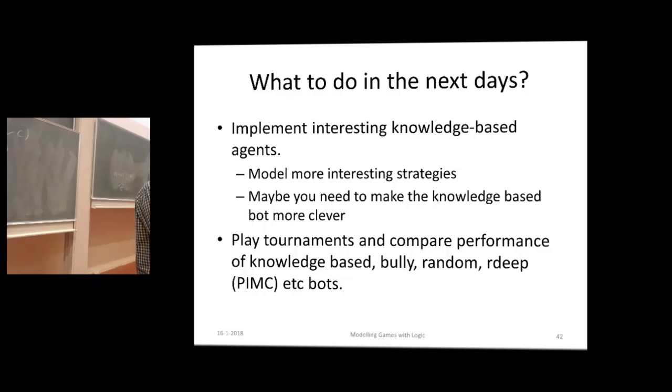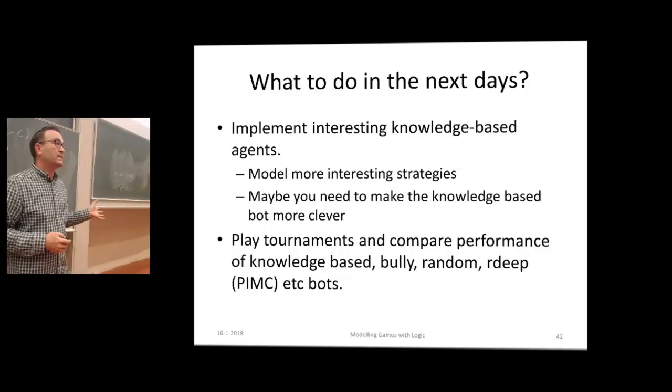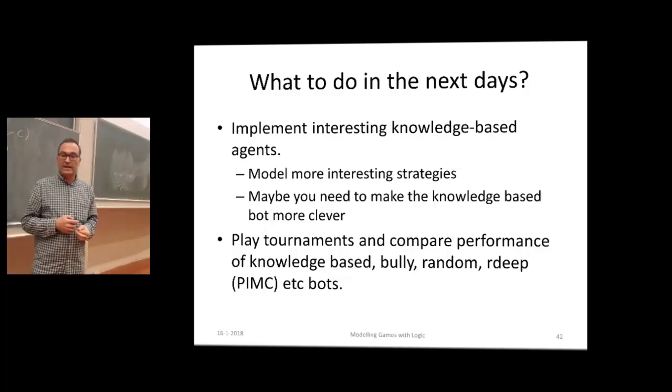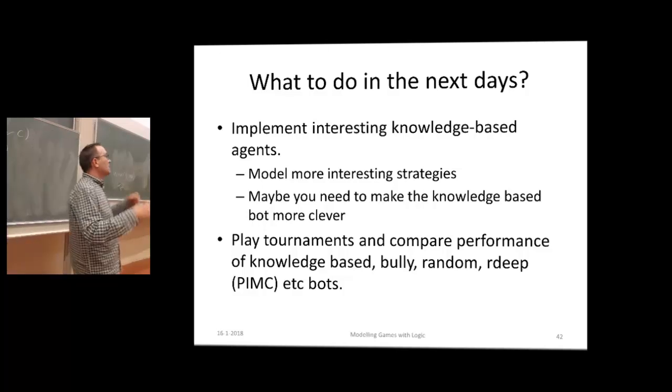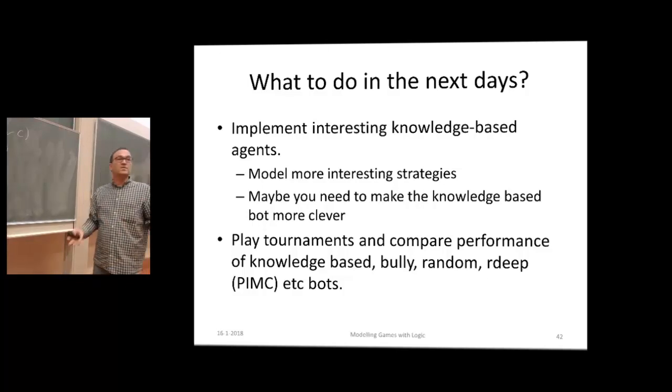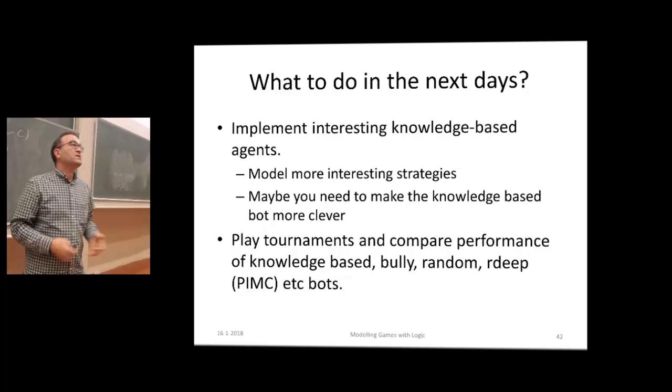Do not take the Git code that we give you as a limitation, but go wild and implement what you want to build. It's just an offer to help you start nicely, but you can implement it wherever you want. Then you use the infrastructure, play tournaments against your own bots and the bots that we provide, in order to come up with interesting research questions.